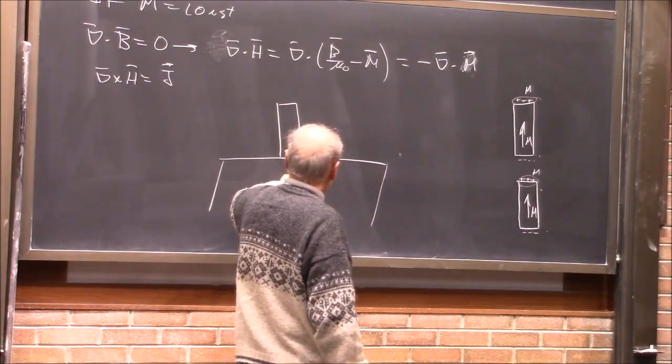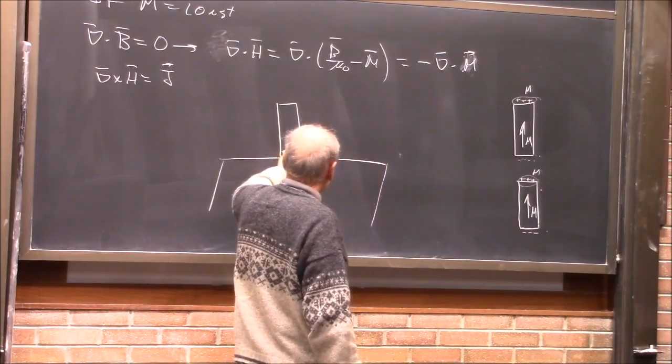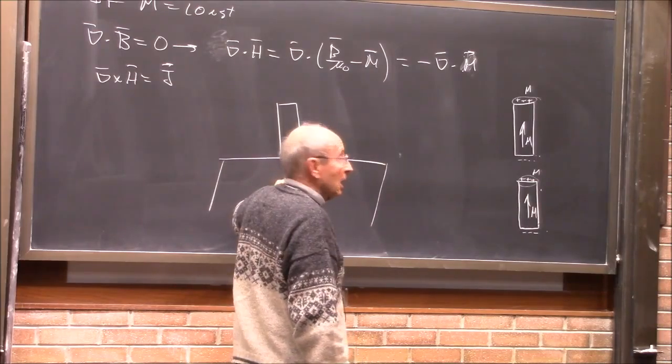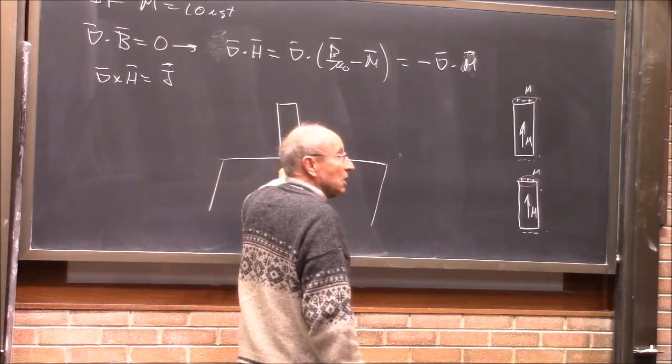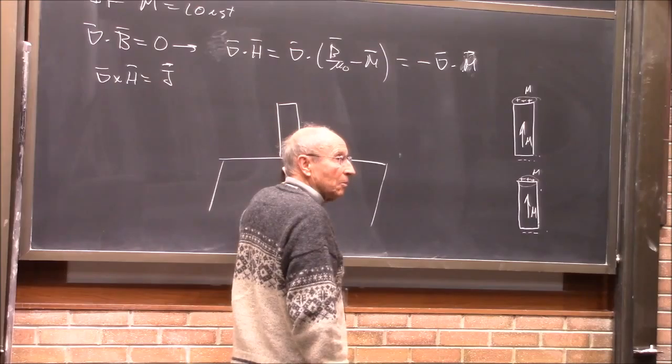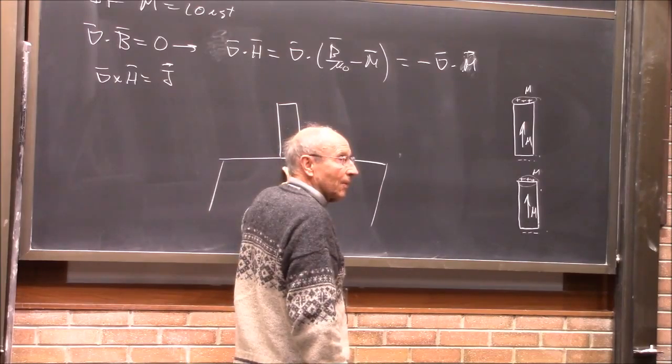The normal component of B had to be the same as you cross the boundaries. And therefore, whatever B was in here, B had to be the same thing in here.